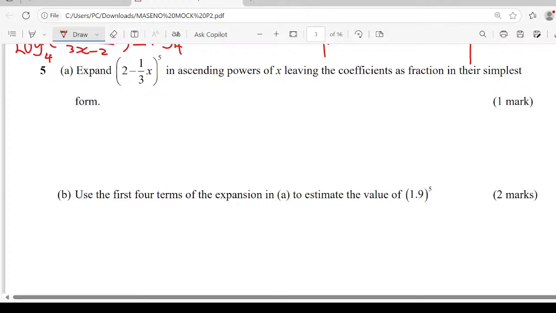Expand 2 minus a third x raised to power 5 in ascending powers of x, leaving the coefficients as fractions in their simplest form. Let's see how we are going to answer that. First, I need to have my log table.